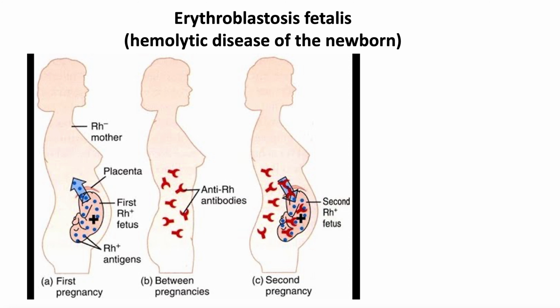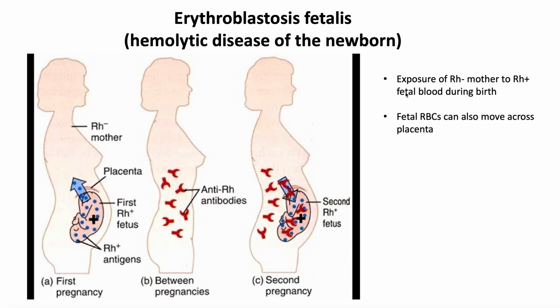An example of an extravascular mechanism of a transfusion reaction is hemolytic disease of the newborn, or erythroblastosis fetalis. This is induced by exposure of an Rh negative mother to Rh positive fetal blood during birth, or also fetal red blood cells can move across the placenta, and these can induce Rh specific IgG.